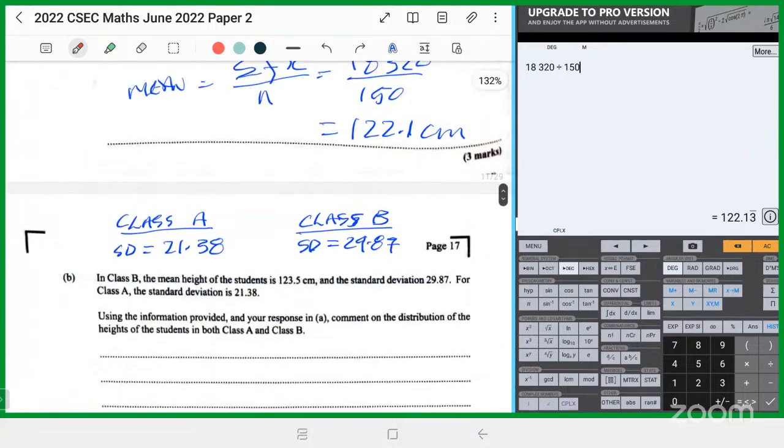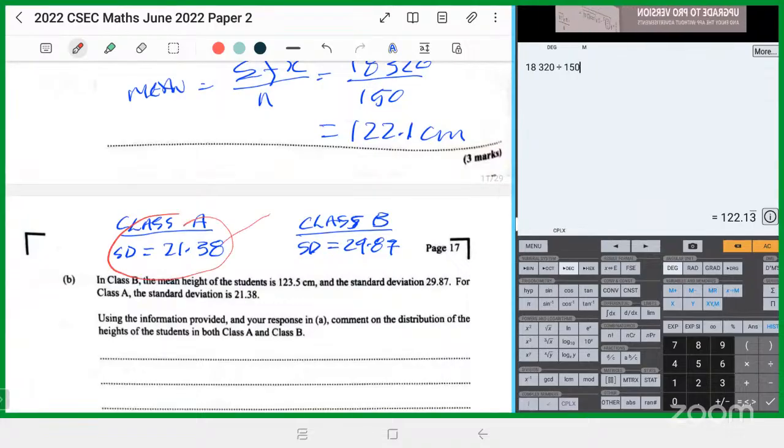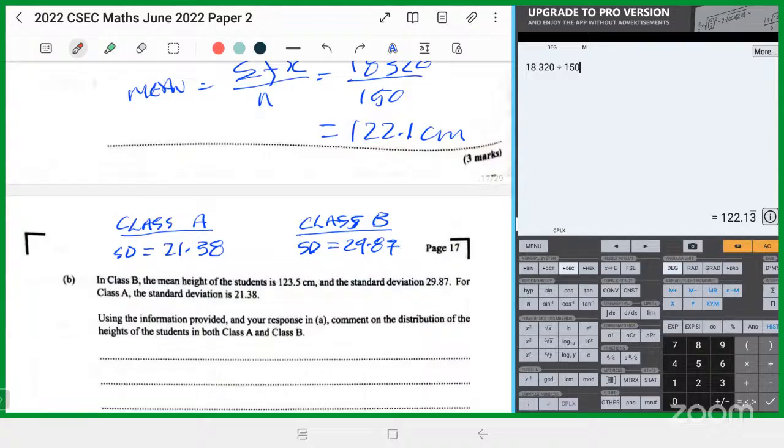So the mean for group A, we had it up here. But as I said, the actual valid mean is not important. And the mean for group B was this mean right here, a larger mean, but it doesn't matter. It is the value of the standard deviation that determines all spread.